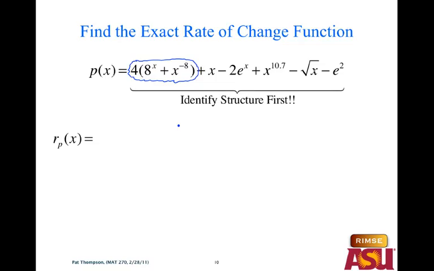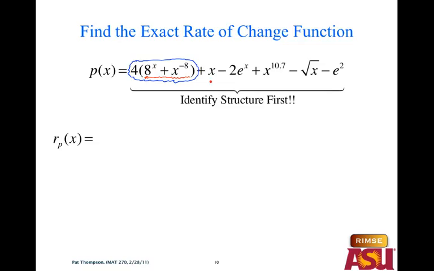If it's a constant times a function, you hold on to the constant times the rate of change of the function. And what's the structure of that? Sum again. So we have rules within rules within rules. To figure out what rule we're using, you have to look at the structure of what you have. Okay. Next one.